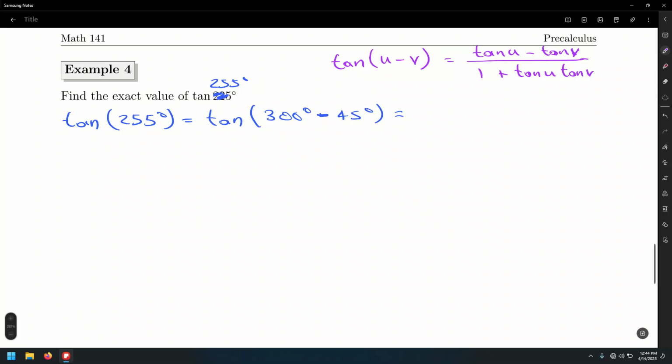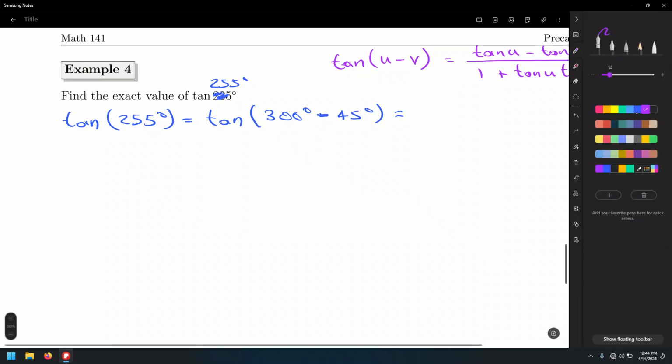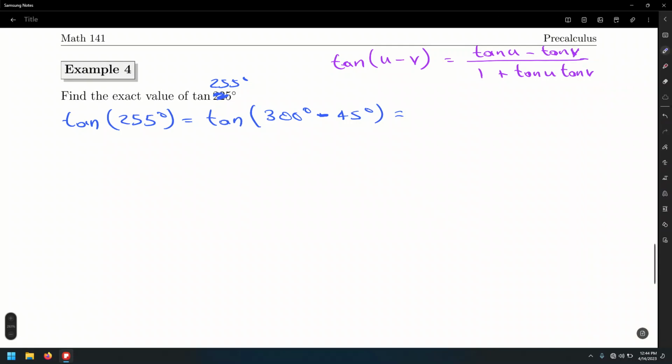All right. So tangent of 300 degrees minus tangent of 45 degrees, divided by 1 plus tangent 300 degrees times tangent of 45 degrees.